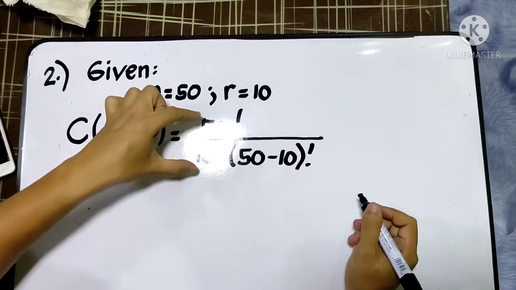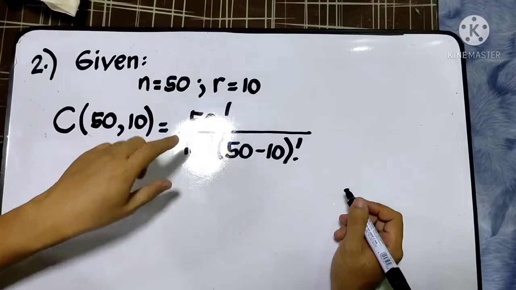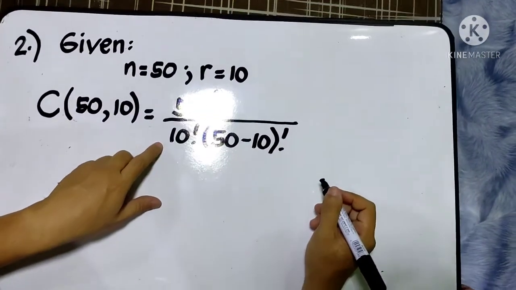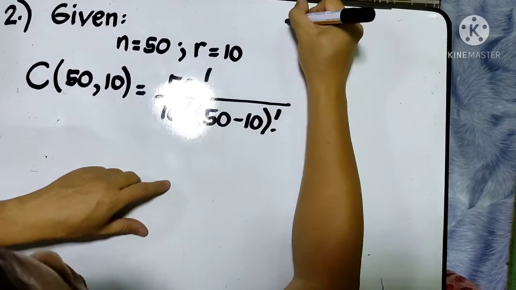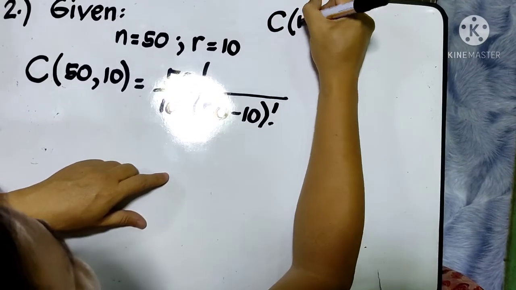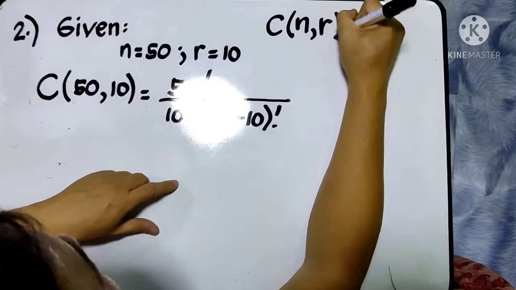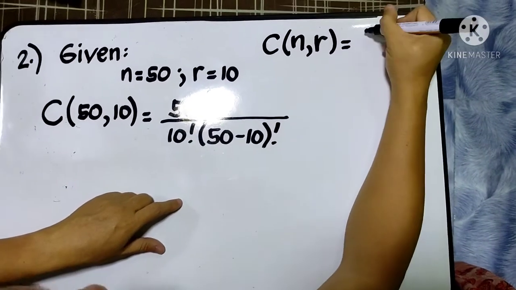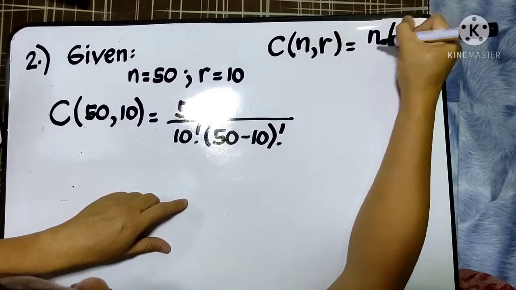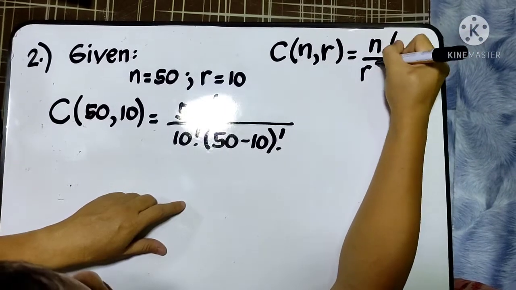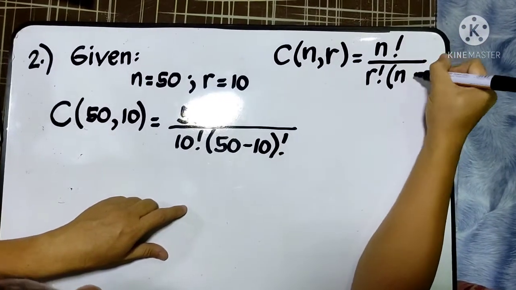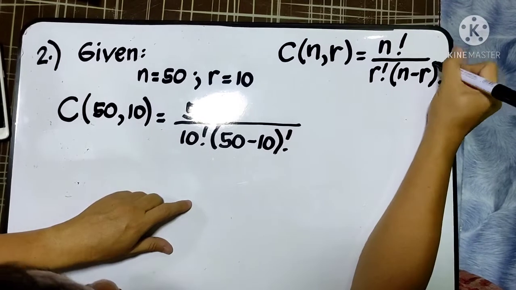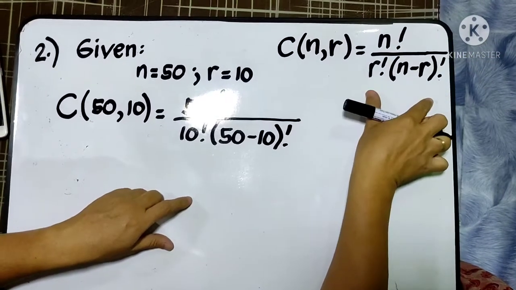So, I just substitute the values to the formula. So, always remember that our formula is combination of n taken r is equal to n factorial over r factorial, n minus r factorial. So, always start with your formula.